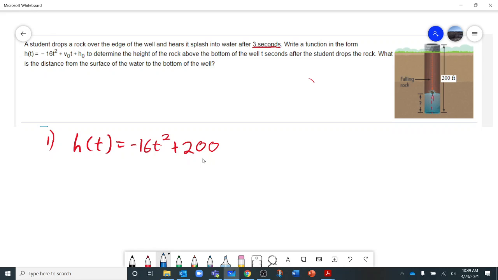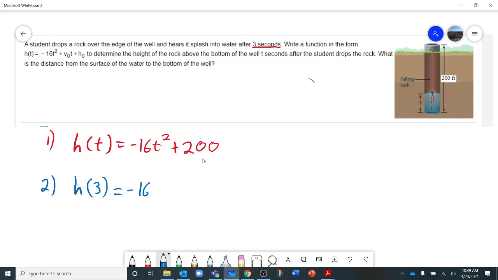Second part, the rock gets pushed off the edge of the well and it drops, and we have a timer, and at exactly 3 seconds, which is amazing, we hear the splash from the rock hitting the water. So we want to find out what is the height of the rock at 3 seconds.